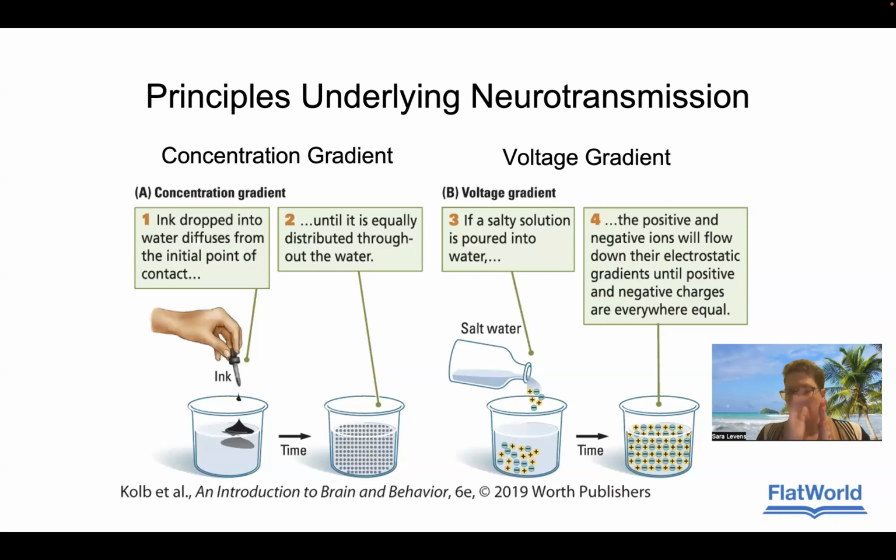They'll still be trying to make the inside more negative, or more positive. So the potassium might want to flow back inside, but then it messes up the concentration gradient. So these two pieces work together to create the flow of electrical charge between the intracellular and extracellular sides and this semi-permeable membrane.